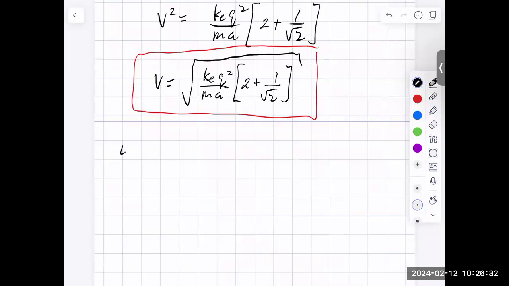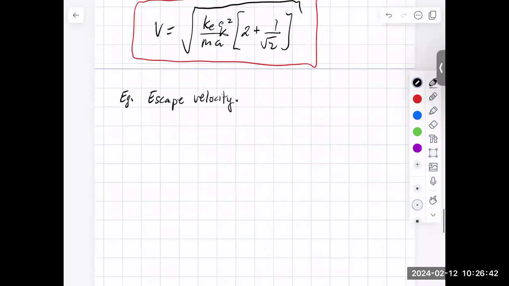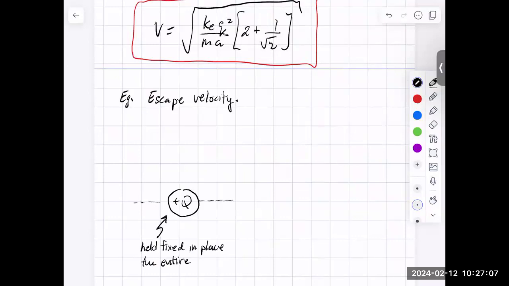This is going to be an escape velocity problem. We're going to have a large charge, plus Q, and we're going to place it at some position along this dashed line, and that large charge is going to be held fixed in place the entire time.